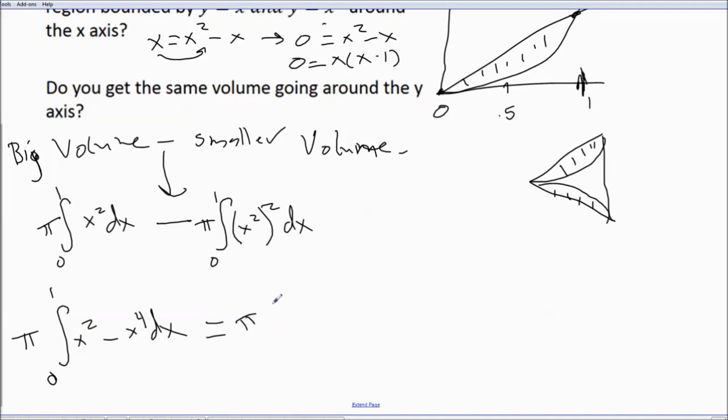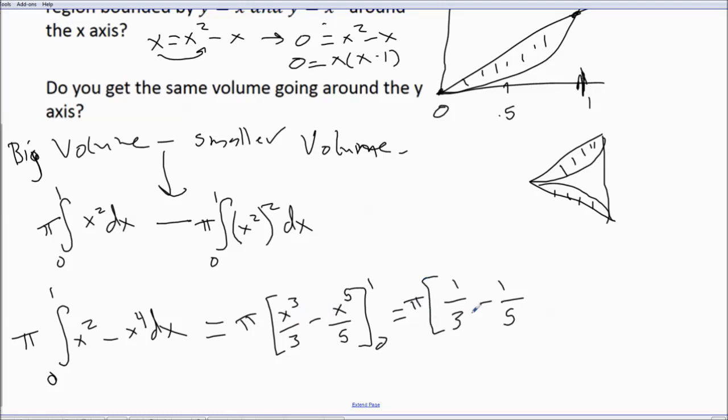Integrating, don't forget the pi. X squared turns into x cubed over 3. X to the 4th turns into x to the 5th over 5. Don't forget the bounds. Okay, and let's plug them in. Plug in a 1, I get 1/3 minus 1/5. When you plug in a 0, you get nothing, so I'm not going to do that.